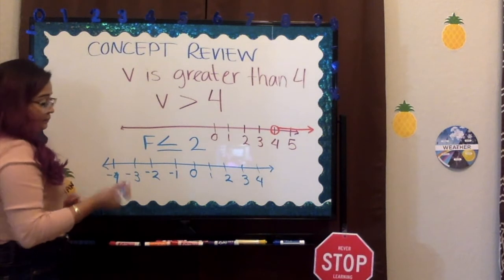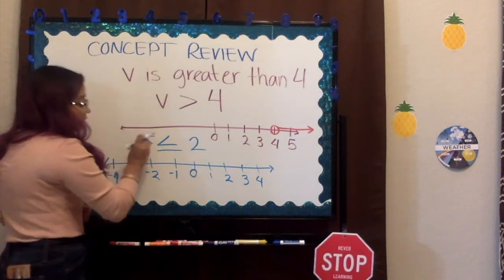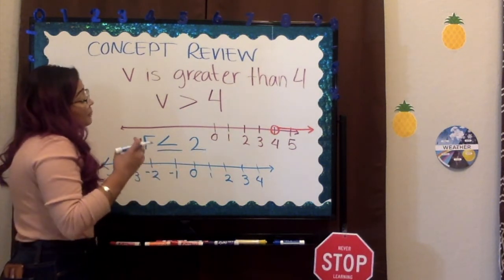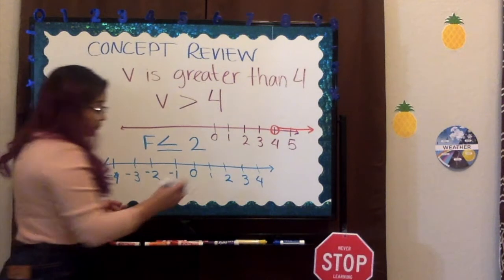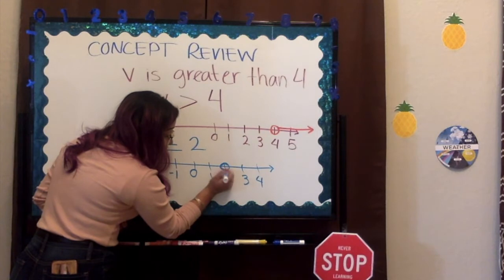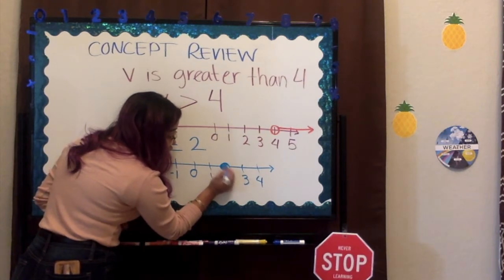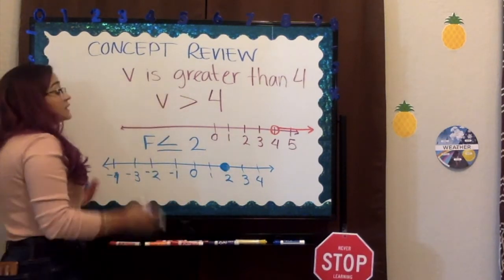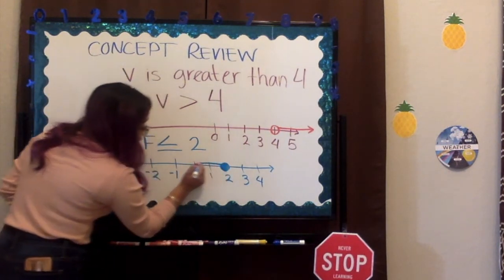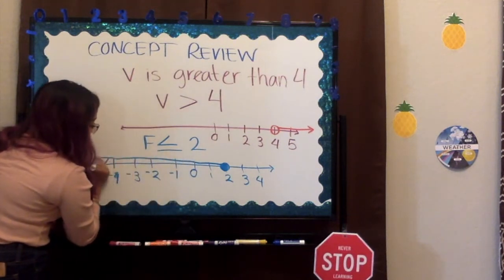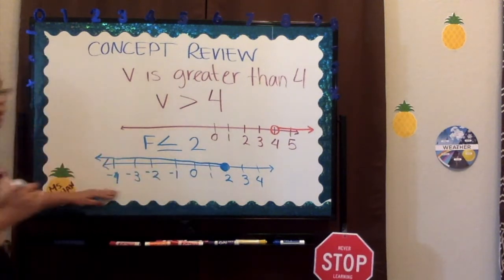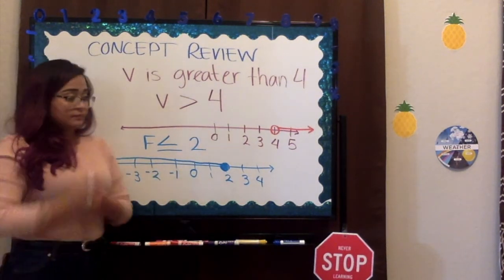Now, we know that whatever f is, it's less than, so it's smaller, or equal to 2. Now, we start at 2, and we do a filled-in circle, so a solid circle. Why? Because it can be equal to 2. And we draw a line this way because it can also be less than, so any number smaller than 2. You see the differences?